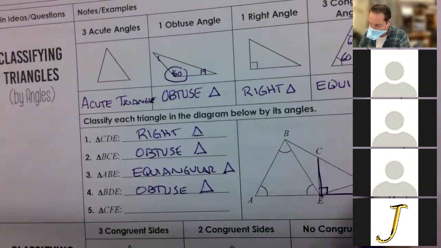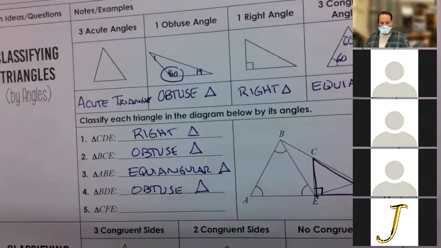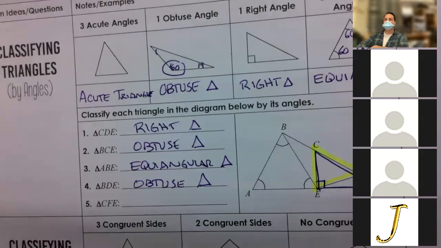Oh, it's the triangle. That's number 1, right? But when we say CFE, do we know that angle E is acute? Do we know that angle C is acute? We do, because it was part of a right triangle in the number 1, right?